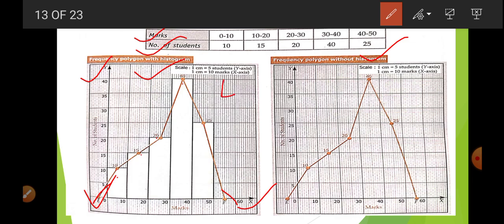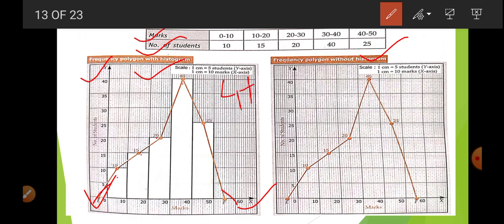We have to find the mid value, and then we are going to plot it. So how do we do it?